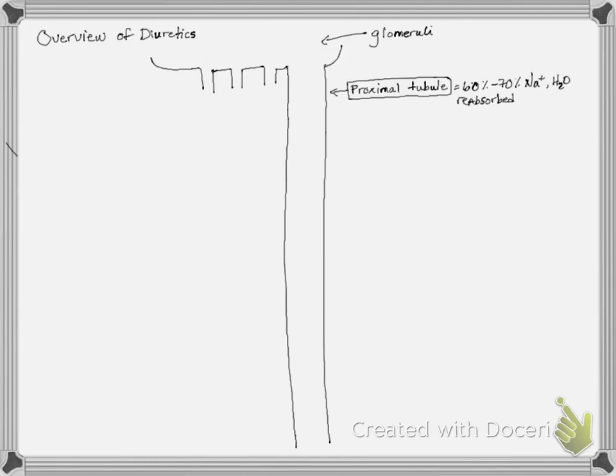And carbonic anhydrase makes hydrogen ions, which it exchanges for sodium.